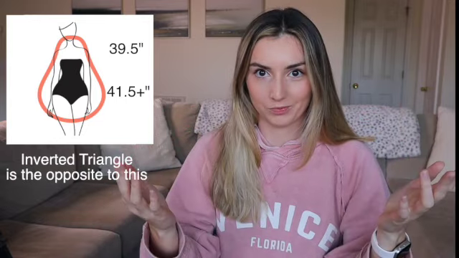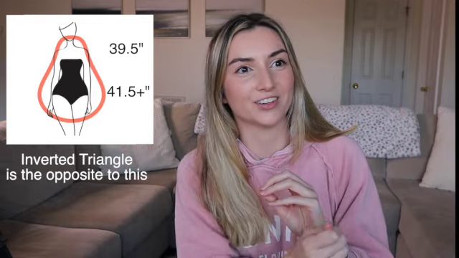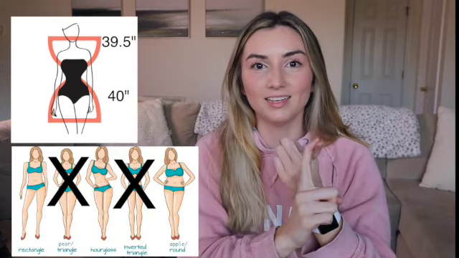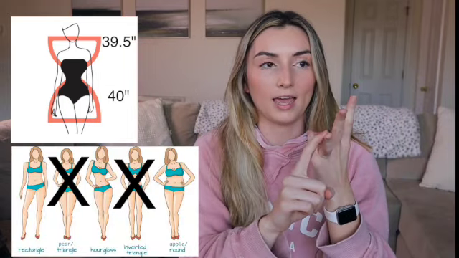For it to be a different body type, let's say I was a pear, my hips would have to be 2 inches bigger than my shoulders. I feel like that's where the confusion starts. Your shoulders and your hips need to be within 2 inches of each other. That means it could be either an hourglass, an apple, or a rectangle.